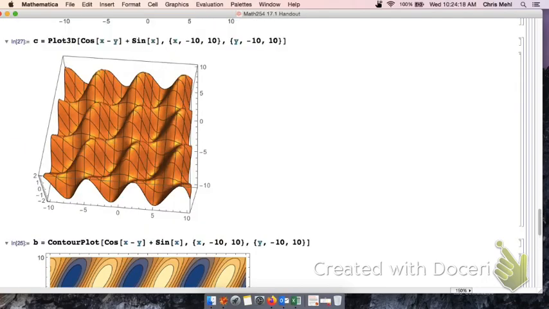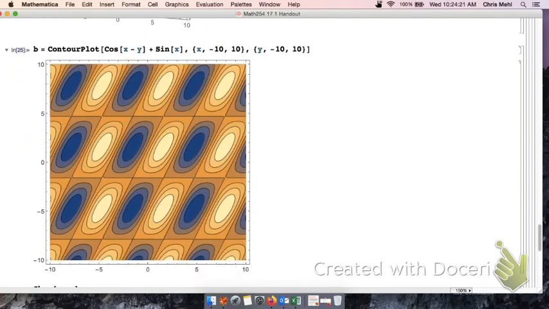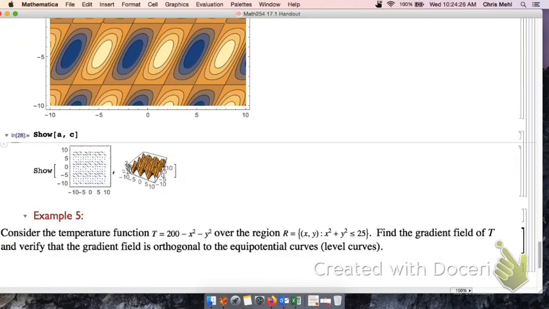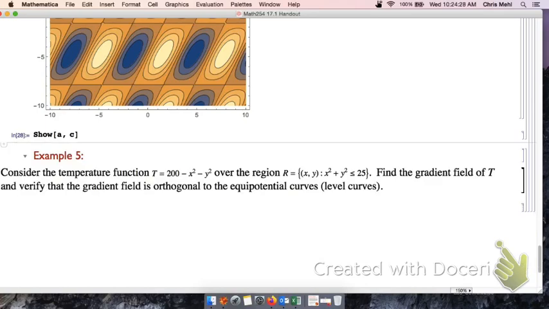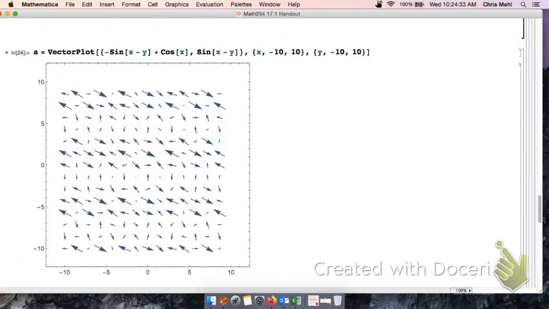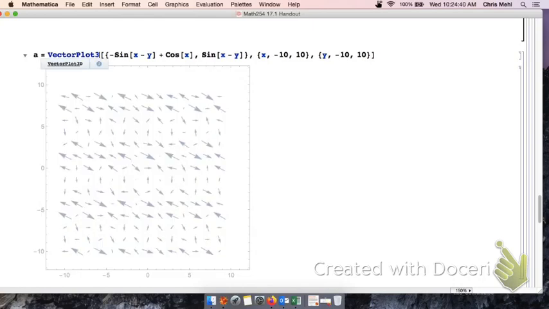So there's a strong connection between all three of these. And I was trying to plot them together so you could get a look at them, but I'd probably have to do a vector plot 3D and let the z component always be 0. So I could do vector plot 3D, add a z component of 0, go from 0 to 10.